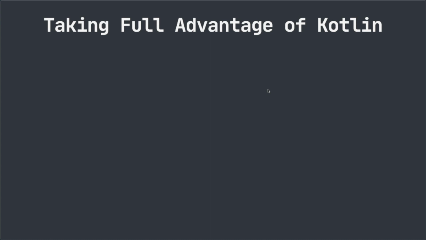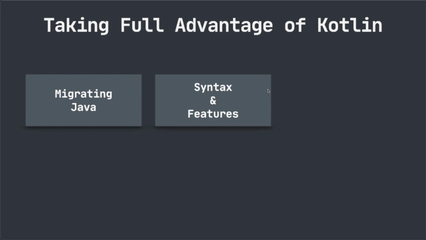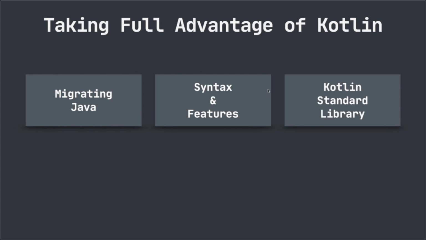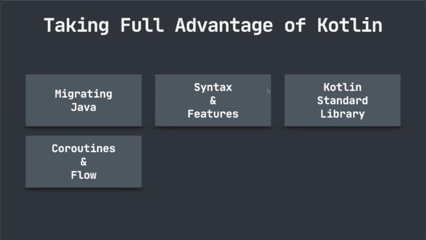I started brainstorming different ideas around what I could share related to taking advantage of Kotlin. Things that came up for me were migrating a Java code base over to Kotlin, taking advantage of Kotlin syntax and features, looking into the Kotlin standard library, and taking advantage of coroutines and Flow for asynchronous programming.